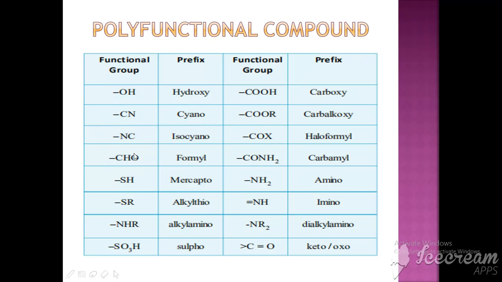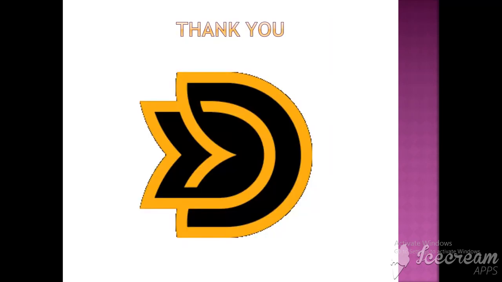CHO is formyl, basically an aldehydic group, and SH is mercapto. It is very important, you can make a star mark over here, and so on. SO3H is sulfo. These are all more important when we go for inductive effects and resonance effects. There we can get the priority order very easily.